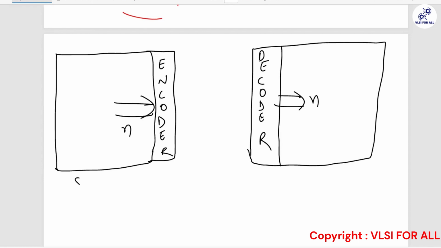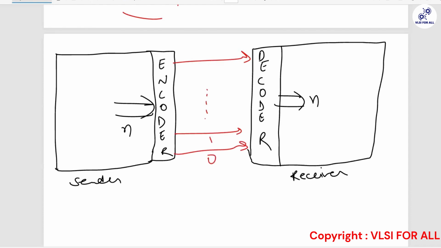This is my sender. This is my receiver. Now, how many bits am I sending? Starting from 0, 1, and so on up to 2 power n minus 1. Why minus 1? Because 0 to 15, for 2 power 4, is 16 values. Since we are starting from 0, that's why we are writing this minus 1 here. So total 2 power n bits. It means your m will be equal to 2 power n. Correct? It means 16 lines will be there.